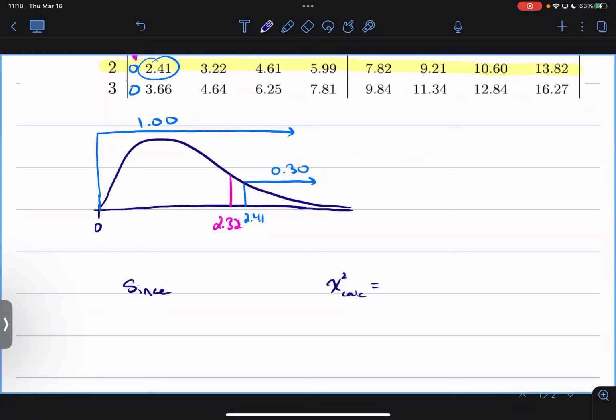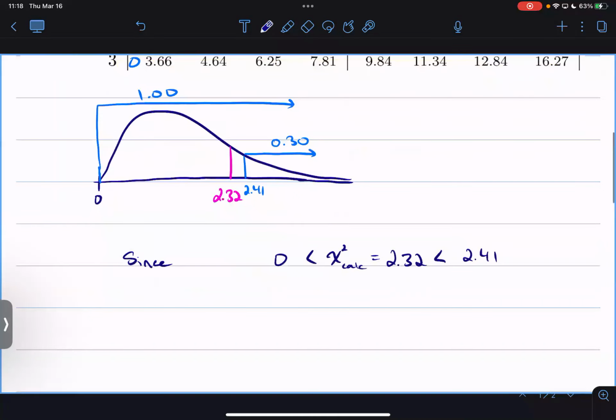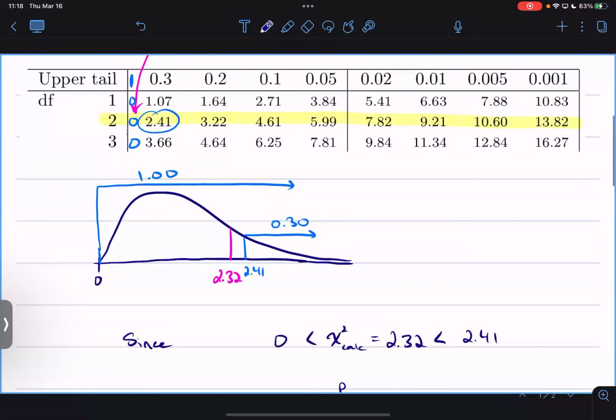Since the calculated chi-squared, equal to 2.32, is between 0 and 2.41, then the p-value is between 0.30 and 1.00.